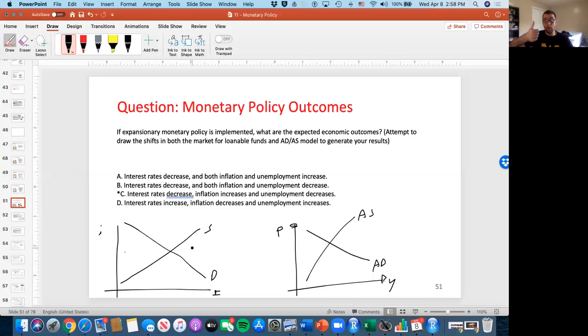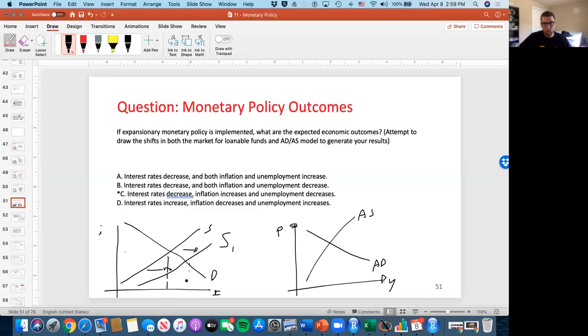Okay. So if it's expansionary monetary policy, what is going to happen to the supply of loanable funds? It's going to increase. Why is it going to increase? The Fed is going to buy T-bills, T-bonds, right? The bank is going to have an increase in reserves. With the increase in reserves, the bank is going to start offering more loans to compensate. In other words, the overall supply of loanable funds is going to increase, right?